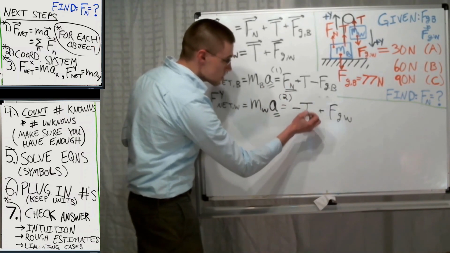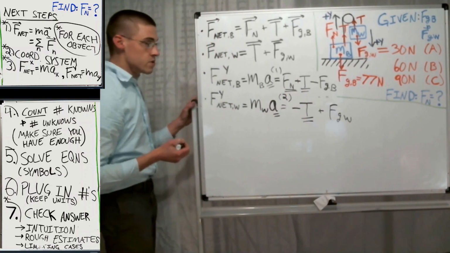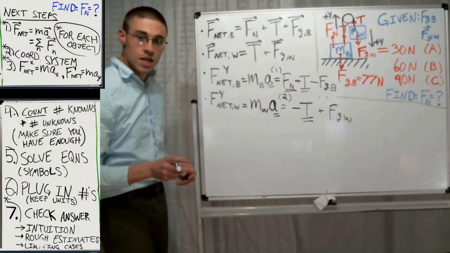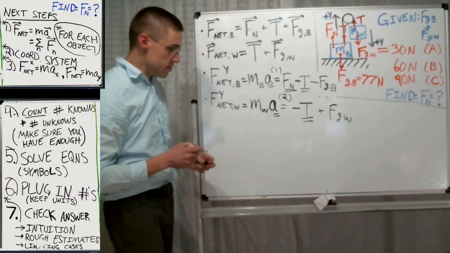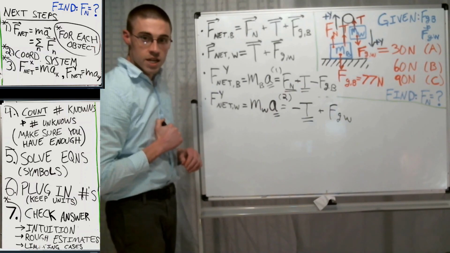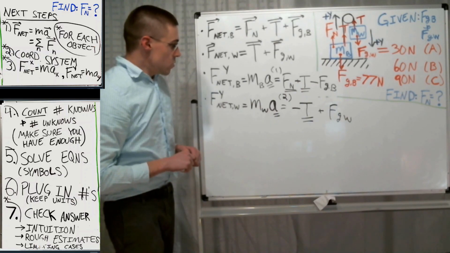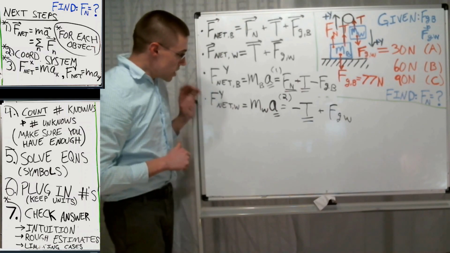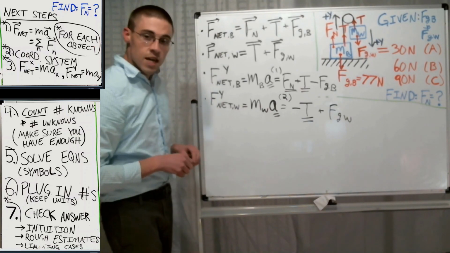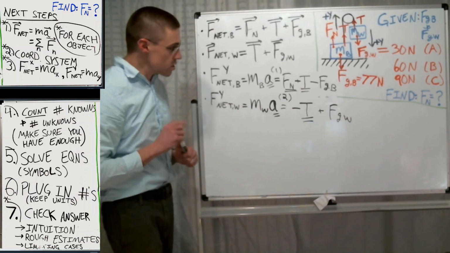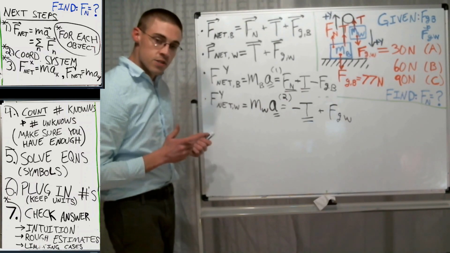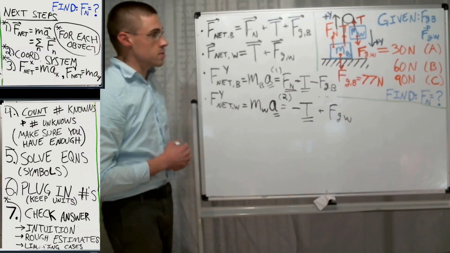And the tension force there, that is also unknown. So we have two equations and we have three unknowns. Okay, does that mean that we're sunk, that we can't solve this problem? Of course not. Whenever you find yourself in this situation, with two equations and three unknowns, that means you need to think a little bit more. So let's use our intuition and let's think about this problem a little bit more.